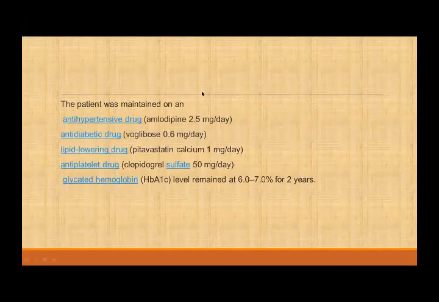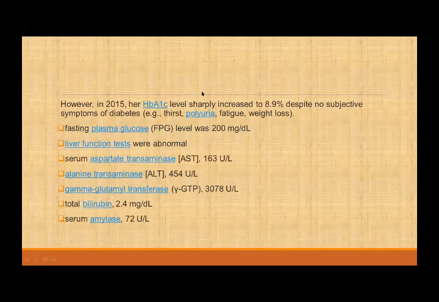The patient was maintained on antihypertensive medications, antidiabetic, lipid lowering, and some antiplatelet, and her hemoglobin A1C remained 6 to 7 for 2 years. However, her hemoglobin A1C shot up to 8.9.